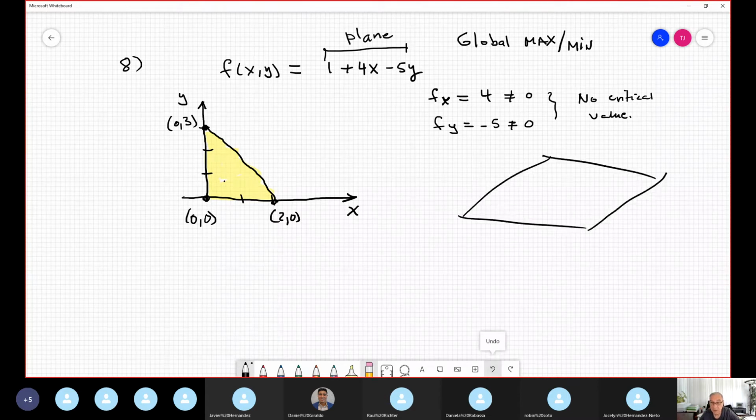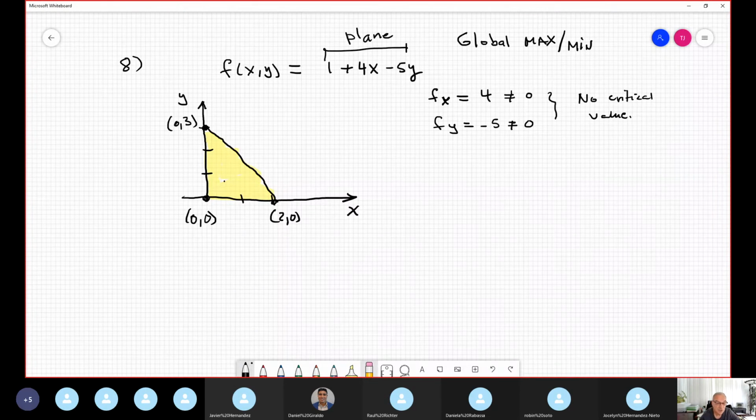I don't care about the points inside, because inside we have nothing. I care about the boundary. Let's see what happens on the boundary. You take any trajectory. Suppose this one, I travel on this trajectory. And this trajectory is x equals 0.